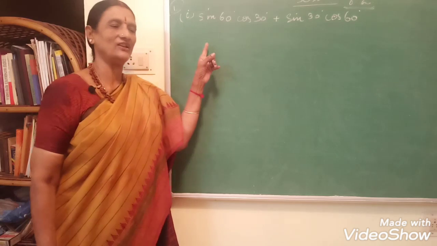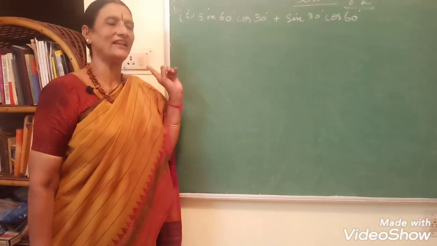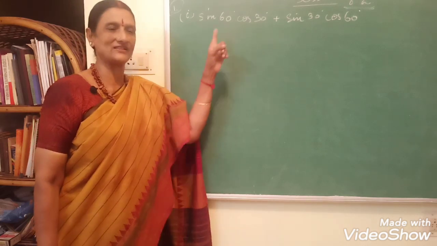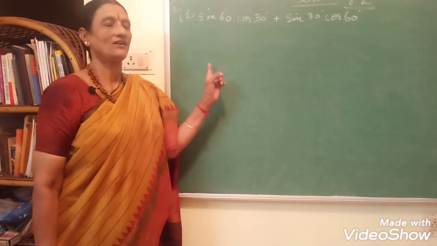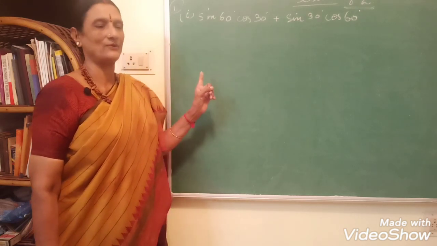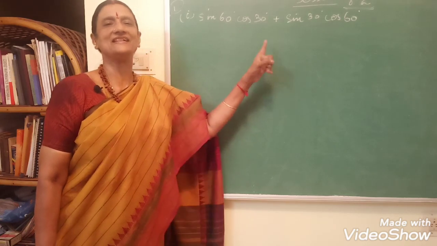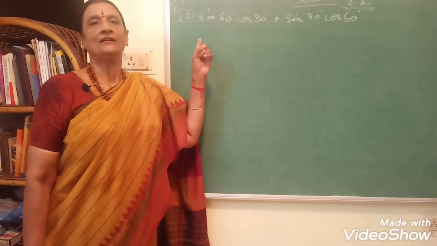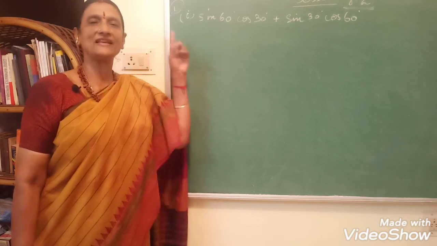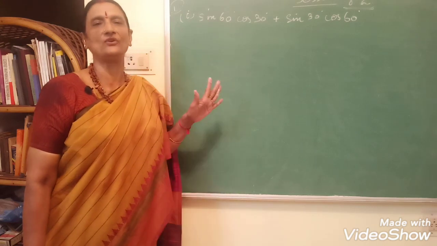So the sin values increase from 0 to 1. Whereas the cos values, cos 0 is 1, cos 30 is root 3 by 2, cos 45 is 1 by root 2, cos 60 is half, cos 90 is 0. So the cos values decrease from 1 to 0. So this you have to have in your mind so that you will not get confused.